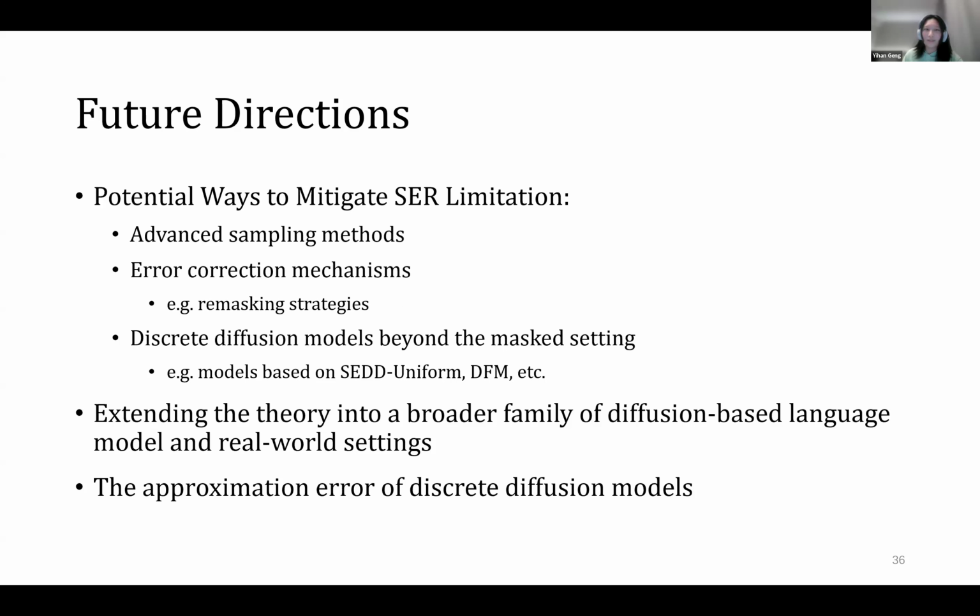But there are some sampling methods that use the entropy of generated tokens to choose the ones that you generate at this step. I guess that this kind of method can improve the SER performance, but we haven't tested it yet. I think we'll test it later.